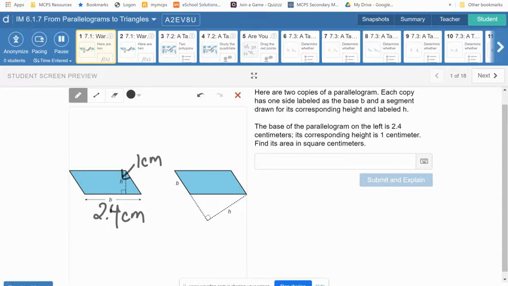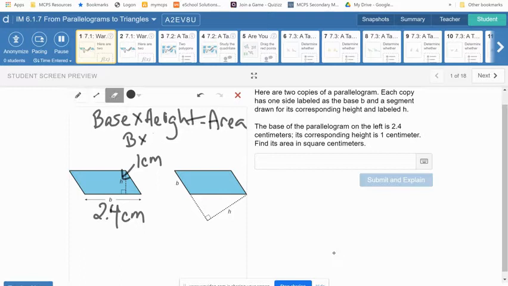What is the area? And if we remember, in order to find the area of a parallelogram, it is base times height equals area, or B times H equals A, area.